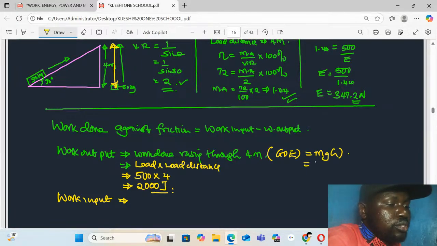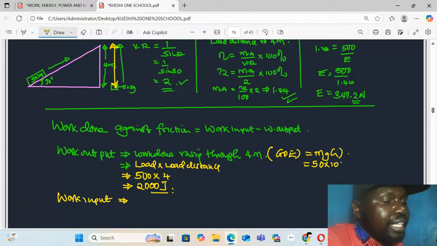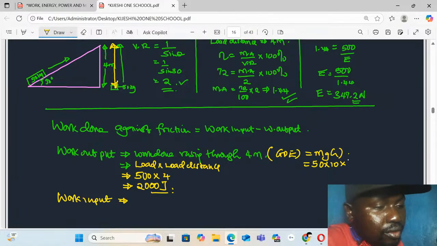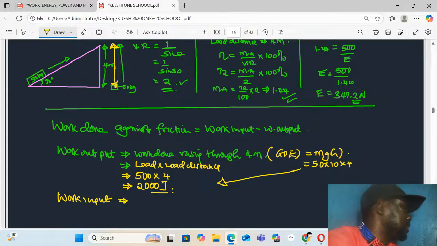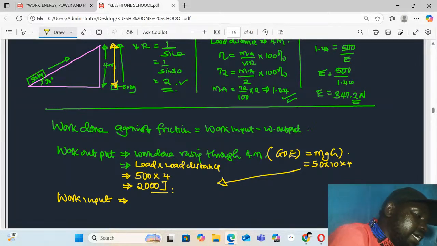So this can be said to be mass of 50 times 10 newtons per kg times our height of 4 meters. Then this will take us back to the 2,000. So our work input will be the work done, that is the effort applied times the effort distance.